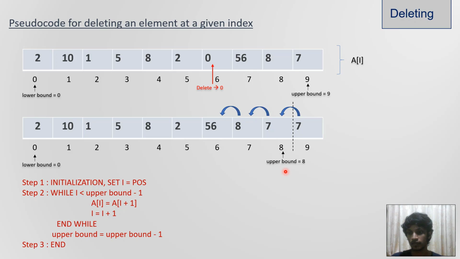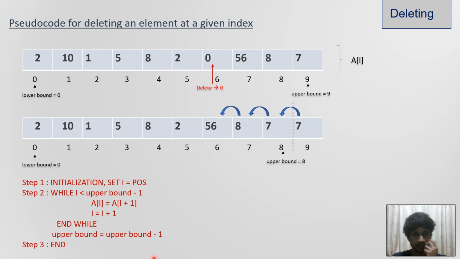So the only thing we can do is decrease the boundaries within which we perform our actions. You will see what I'm saying in the C code.